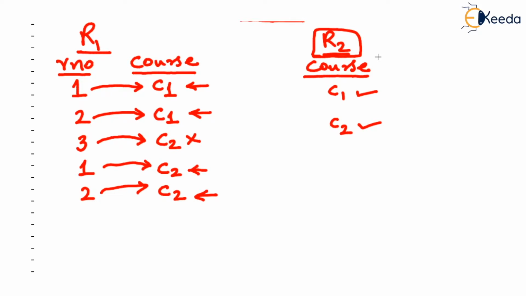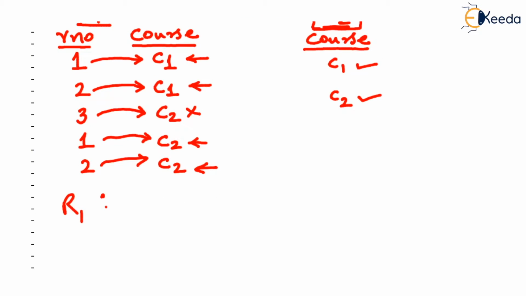But then how is R1 divided by R2 implemented? When the division operation has to be implemented, there are some steps involved. The first step is that we take a cross product.